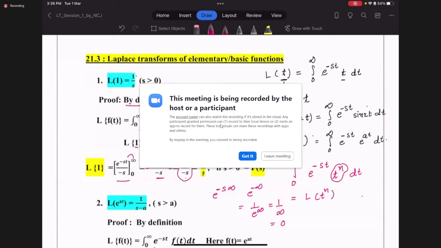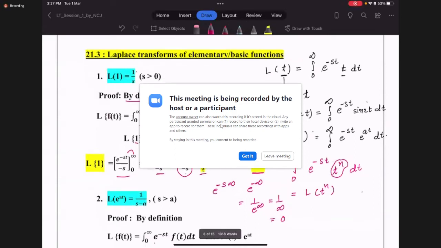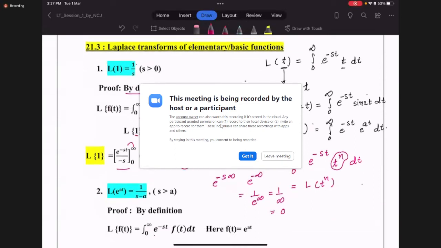So what is the answer? 1 upon s. It is a function in s. Fine. So if I ask you what is Laplace of 1, what will you answer? 1 by s. What is Laplace of 2?